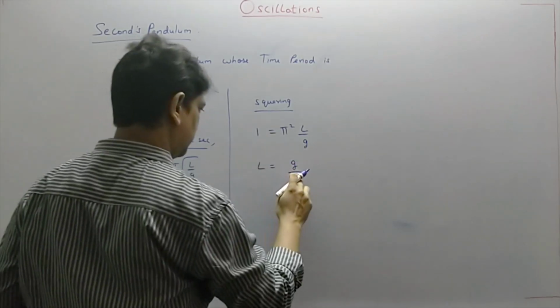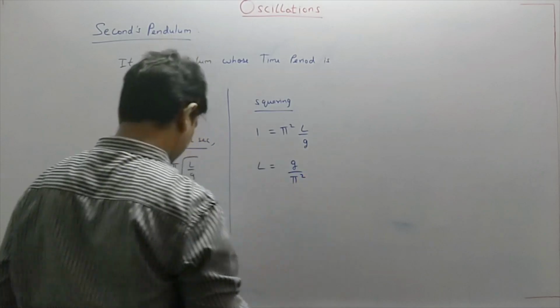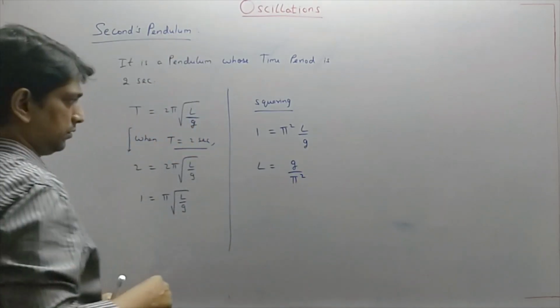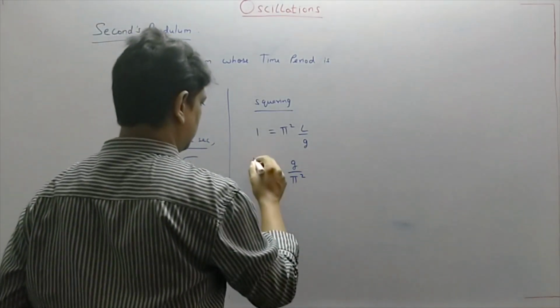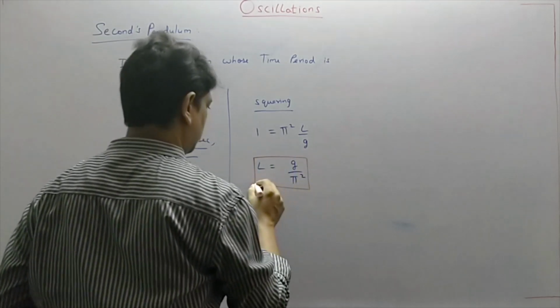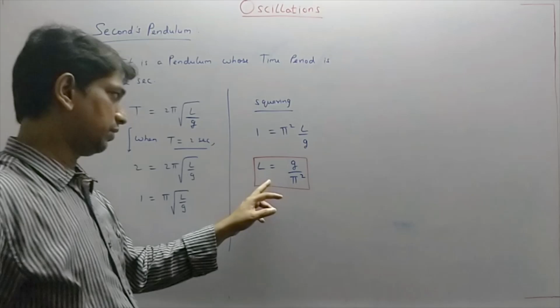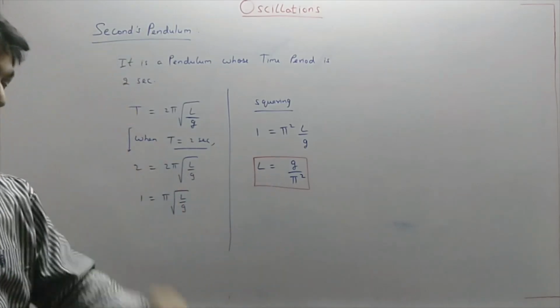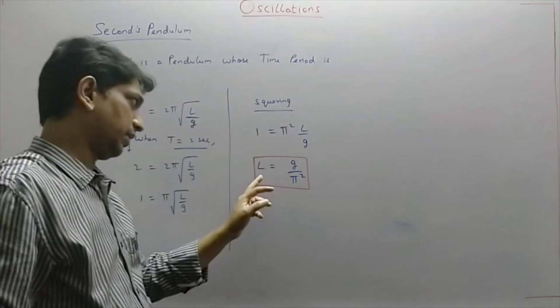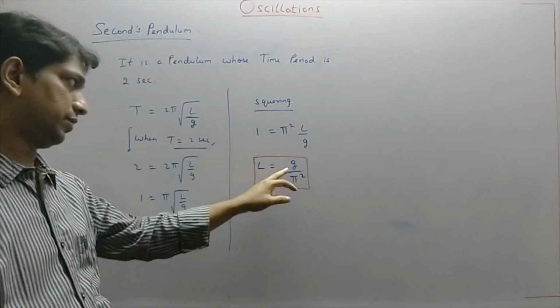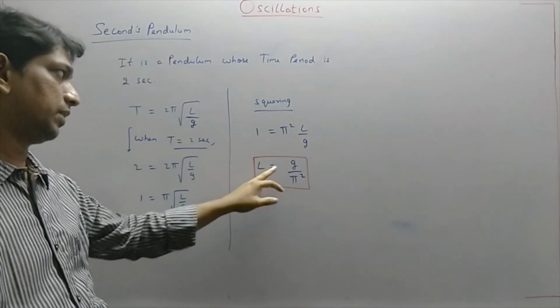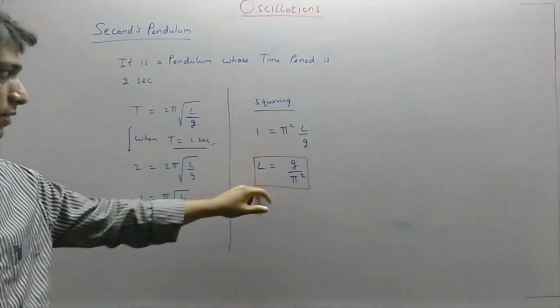This is my formula. g 9.8 रख दो, pi 3.14 squared. If you put the values of this, you will get, I think so, 1 meter. 100 सेंटीमीटर आपको मिलेगा या 1 मीटर मिलेगा. L is g upon pi squared. g 9.8 रखोगे तो 1 मीटर मिलेगा, 980 रखोगे तो 100 सेंटीमीटर मिलेगा.